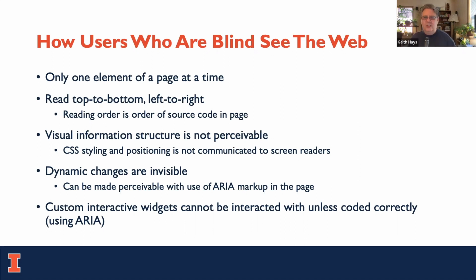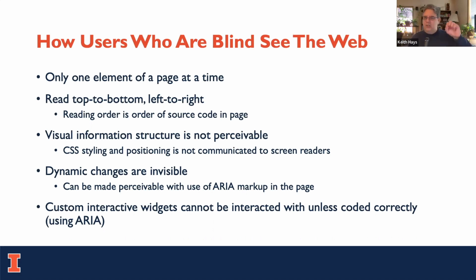Also, dynamic changes are invisible unless you do something special to it, and that's using something called ARIA, which stands for Accessible Rich Internet Applications. That's a W3C standard, and it's entirely designed to make richly interactive content and dynamic content accessible to users who are blind. Otherwise dynamic changes are invisible.